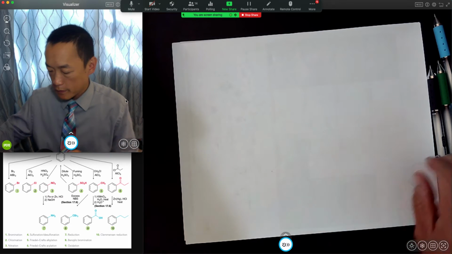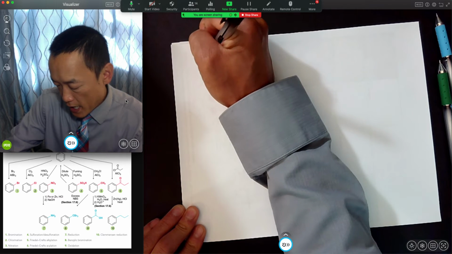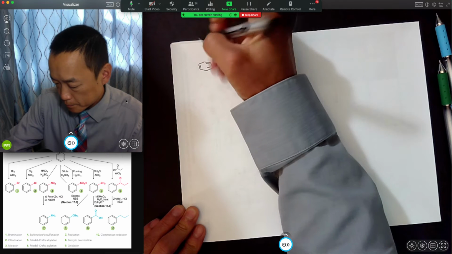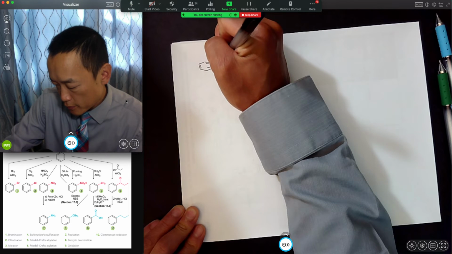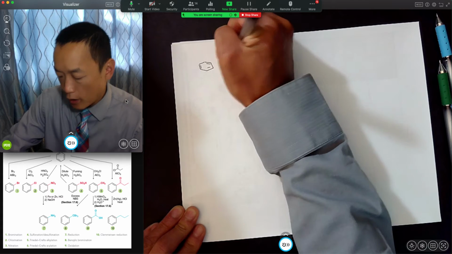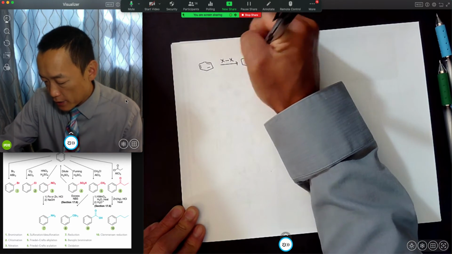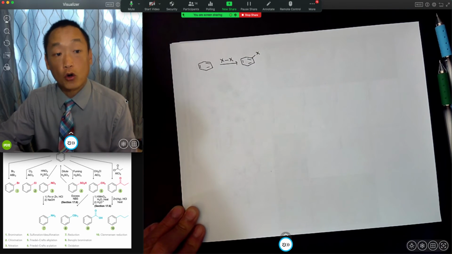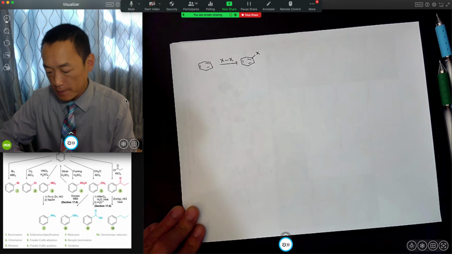If my reactant, and we'll go to a benzene ring for this example, if this thing were to encounter Br2 or Cl2, we would expect that the product of this reaction would place one of these chlorine or bromine atoms onto that benzene ring, okay?